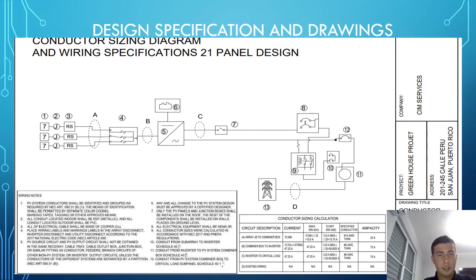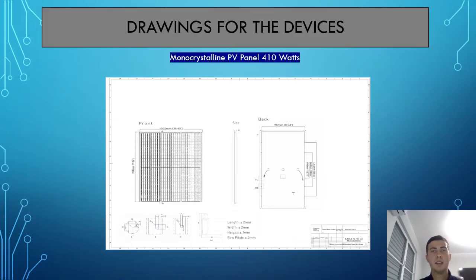And we have the wiring notes and the conductor sizing calculations with the new system, that is the array to the combiner box to the inverter to critical loads, and the existing wiring, and the drawings for the devices.